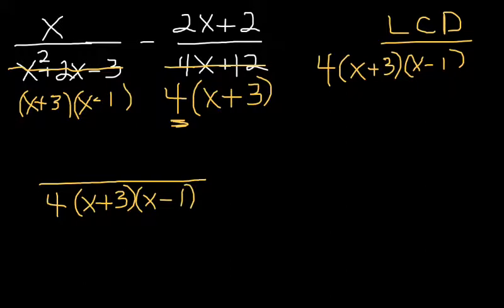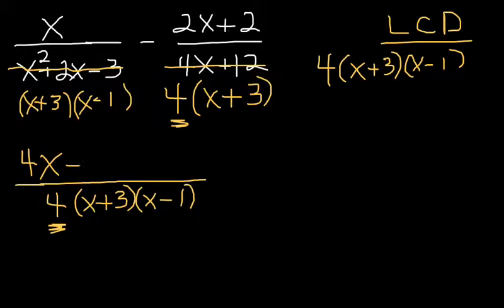Now, the first numerator was x, and I have to look at my original denominator, the x plus 3, x minus 1, and ask the question, what is missing in that denominator that's in the least common denominator? In this case, it's the 4. The 4 is a number that we had to multiply the original denominator by to get to the least common denominator, so we need to do the same thing with our numerator. And I'm just going to put it right here in front of the numerator, like that.